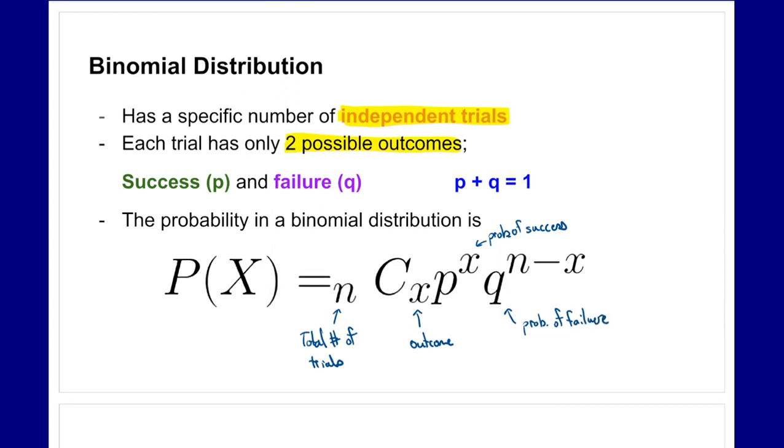The probabilities of success and failure are both raised to exponents, x being the number of successful outcomes and n minus x being the number of events that are considered failures.